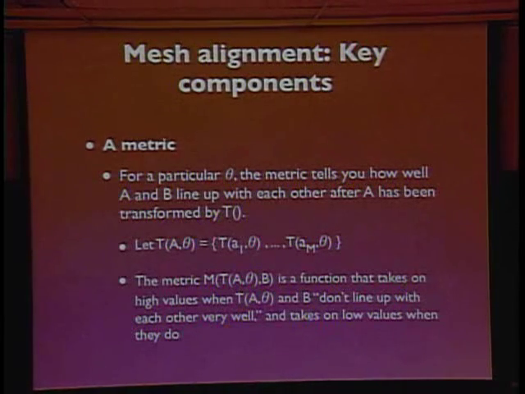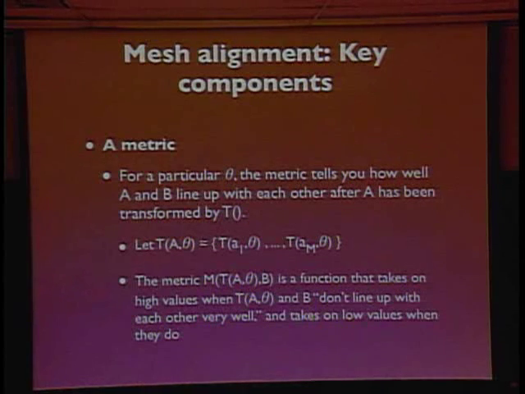You can propose one at random, and you want to get a sense of how well it aligns the two surfaces to each other. You want to evaluate that numerically, so that if you had two identical versions of the same surface, and you got the geometric transformation just right so that all the corresponding points perfectly overlapped with each other, you would want to get a numerical sense of the fact that it's perfect.